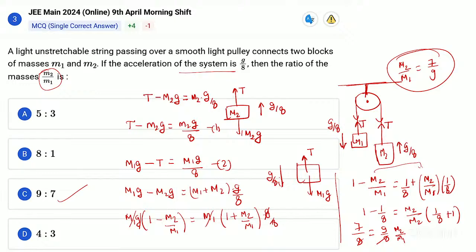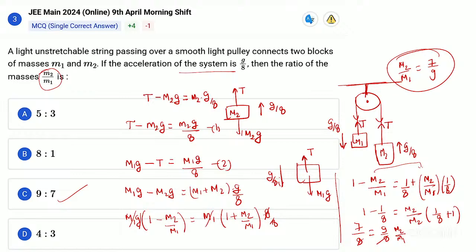See the calculation once again. T minus m2g is equal to m2g/8. T minus m1g... m1g/8. Okay, T and T will cancel out. So m1g minus, we're adding them, so m1g minus m2g, and this will be m2g/8 plus m1g/8.